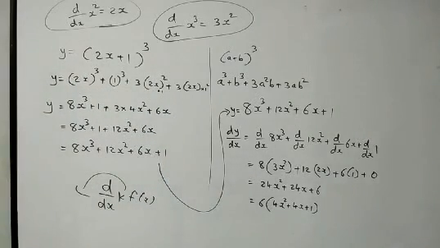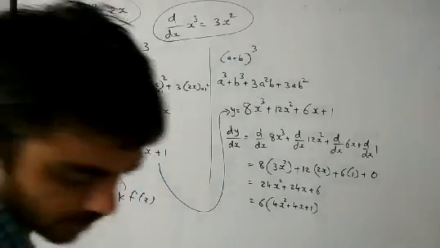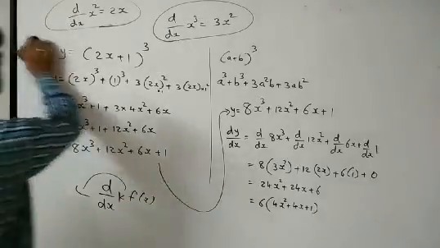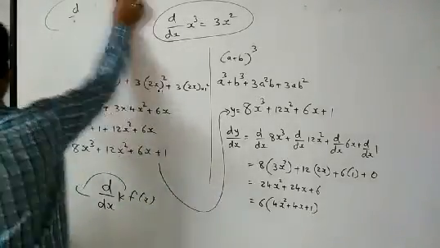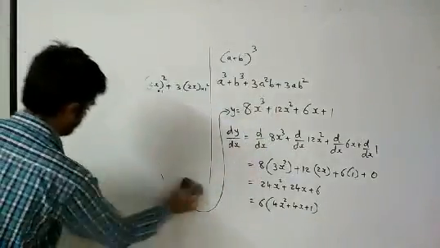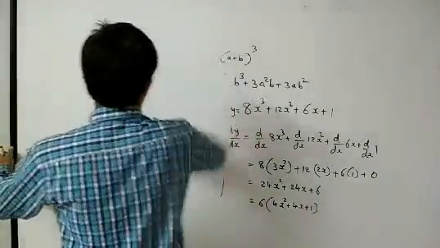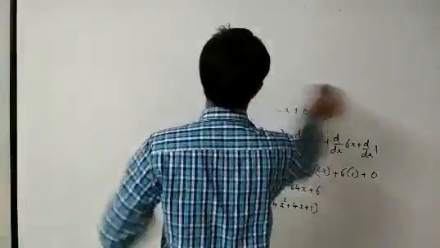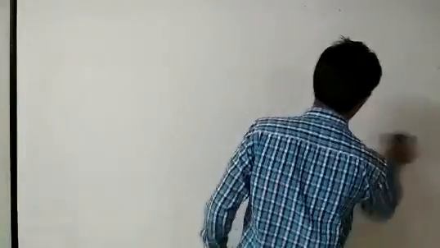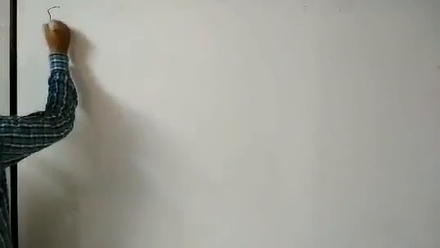Now our next question, that is question number 5. Question number 5 we have in our exercise, that is we have to find the derivative for y is equal to sine of (ax + b) by cos of (ax + b).